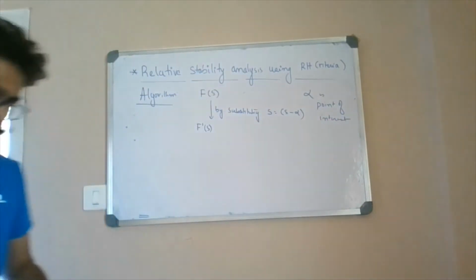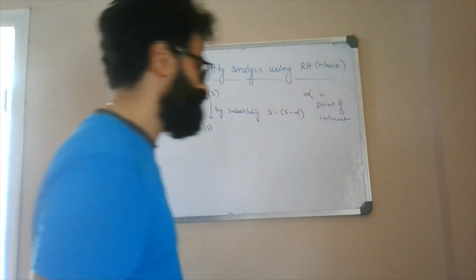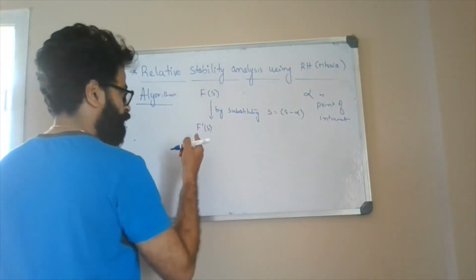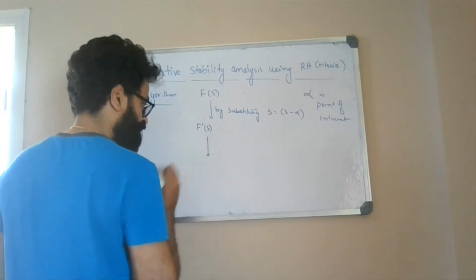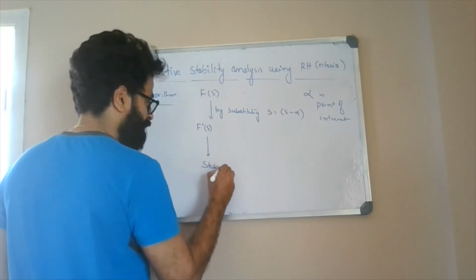In our case, we assumed alpha as 2. Now, once you get f dash of s, you examine the stability.